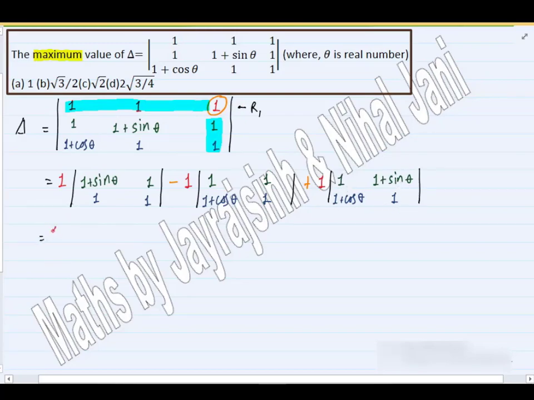Without wasting time, let's expand. Our 1 will be as it is, and we have to multiply 1 with 1 plus sine theta, will give us 1 plus sine theta, minus 1 into 1.